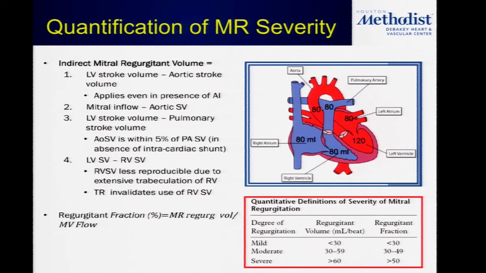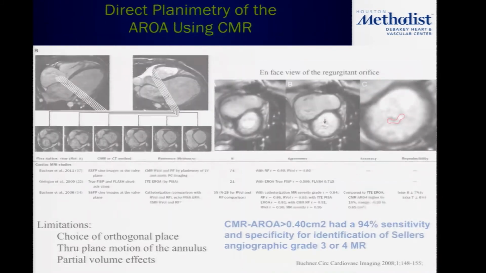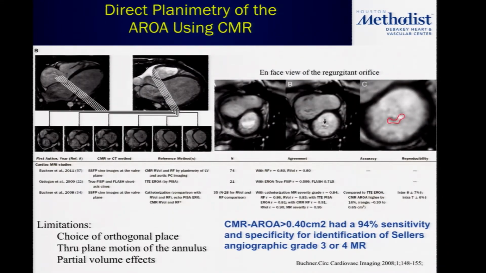So, multiple different secondary methods that you can utilize. At the end of the day, in addition to regurgitant fraction and volume, you want to give a qualitative grade of mild, moderate, or severe, based on both the regurgitant fraction and the regurgitant volume that you derive.